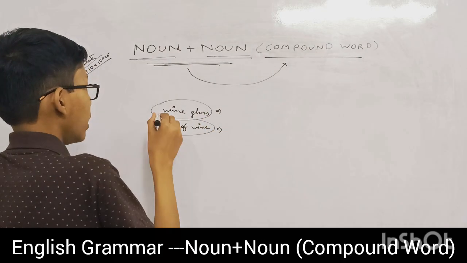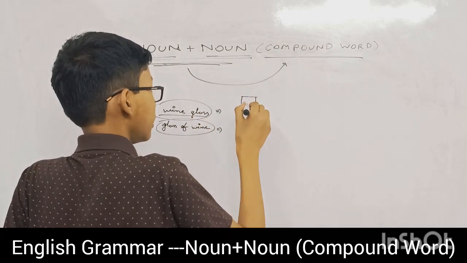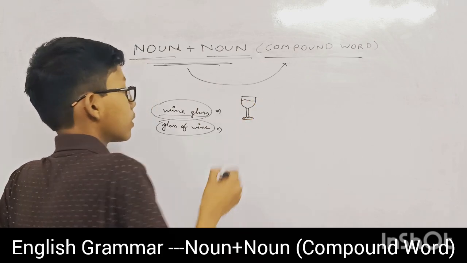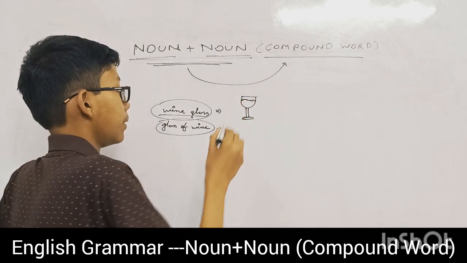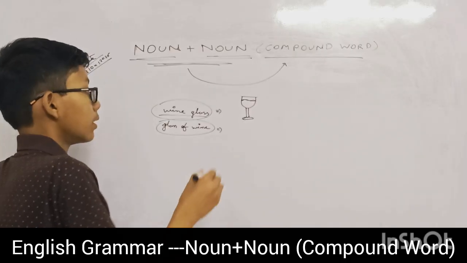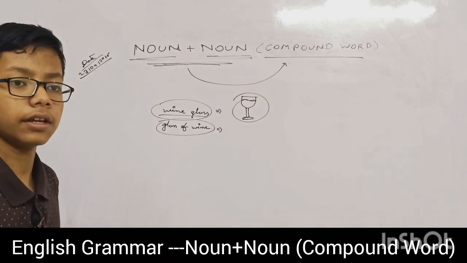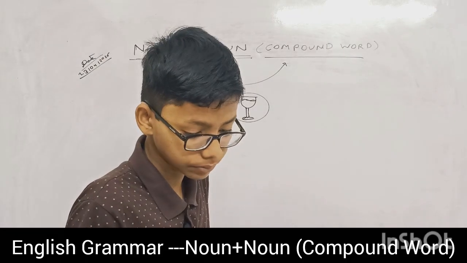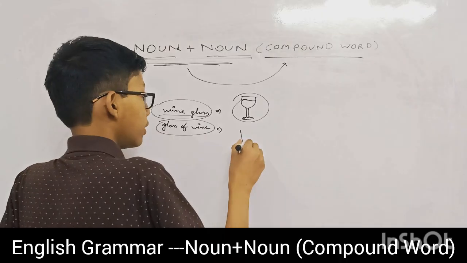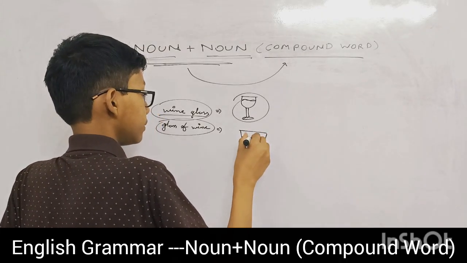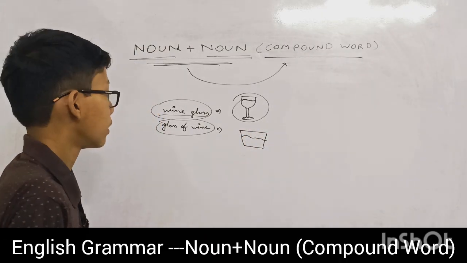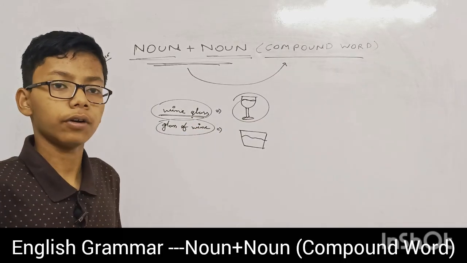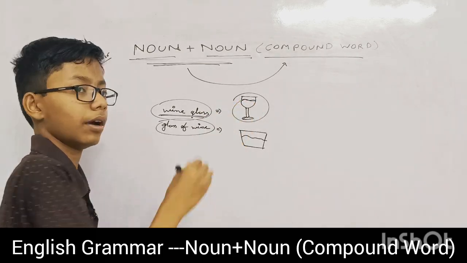So here, wine glass obviously describes a glass that is usually meant for wine to be placed in it, to be poured in it. A glass which is especially for wine. And a glass of wine, the glass can be anything. So a wine glass usually describes a glass that is especially for storing or pouring wine.